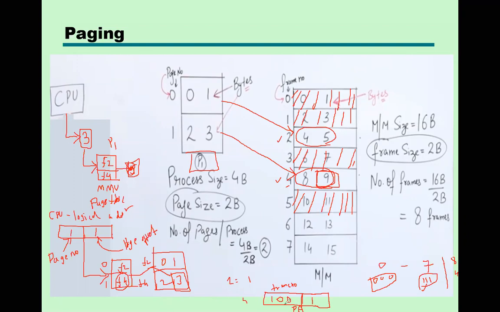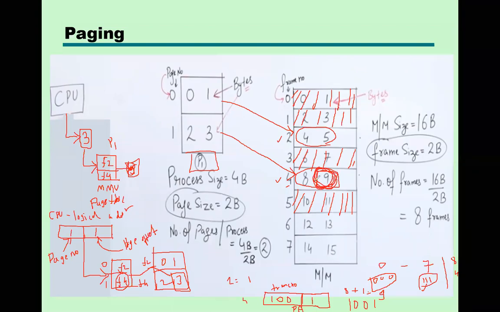What number did you get here? 1, 0, 0, 1. That is 1, 2, 4, 8. 8 plus 1 is equal to 9. So in this way, from logical to physical, we have perfectly mapped this 9th byte.